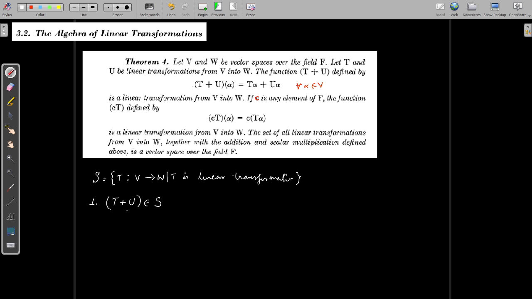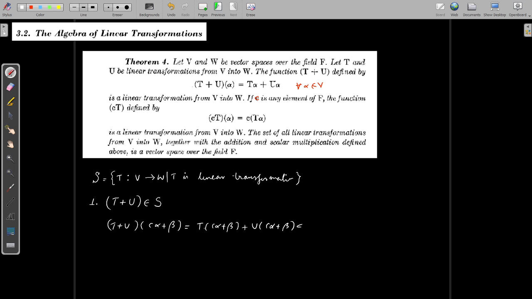To prove this, we need to prove that T plus U is a linear transformation. So how will you prove this? T plus U of C alpha plus beta, by definition, is T of C alpha plus beta plus U of C alpha plus beta.